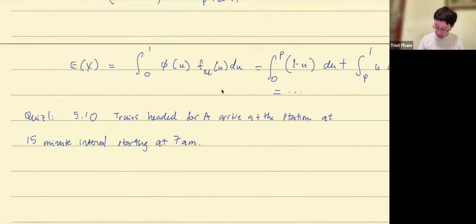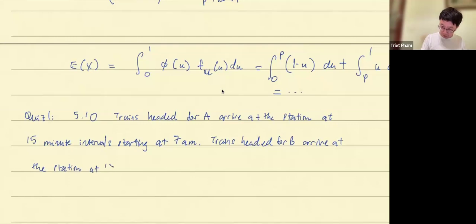And then trains headed for B arrive at the station at a 15-minute interval, starting at 7:05.